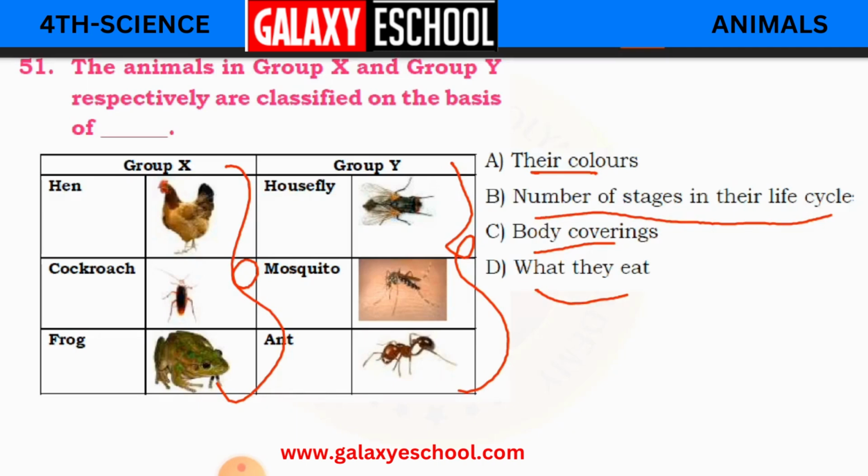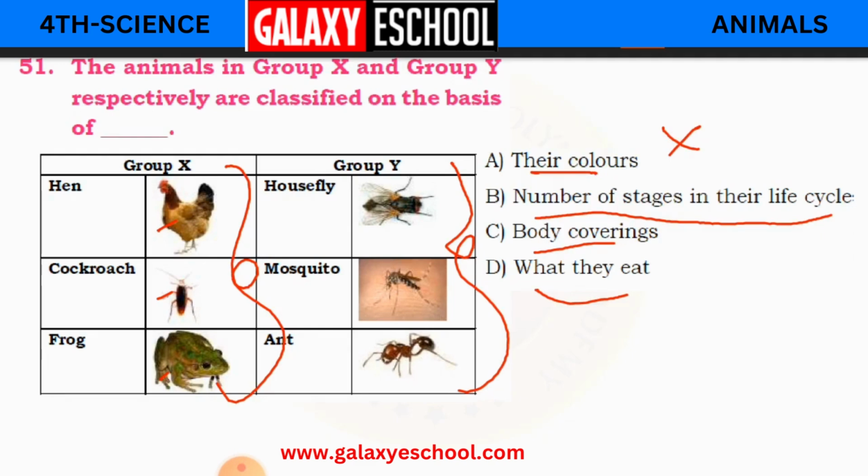So if you see, children, hen, cockroach and frog, group X, these three are of different colors. Even though they are in the same group, they are of different colors. So that is why this A option will not match our answer. So B, number of stages in their life cycle.